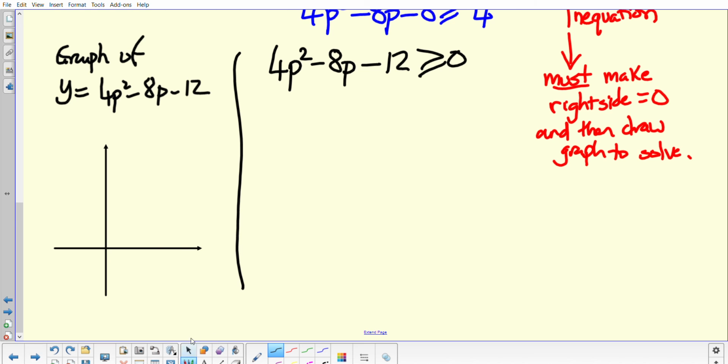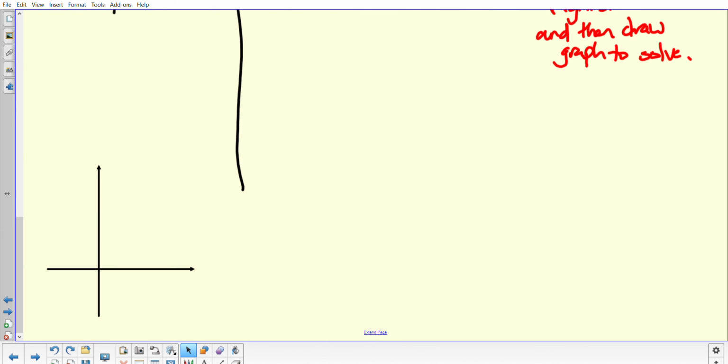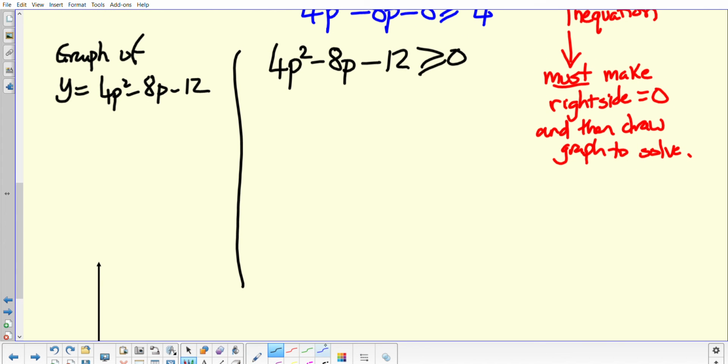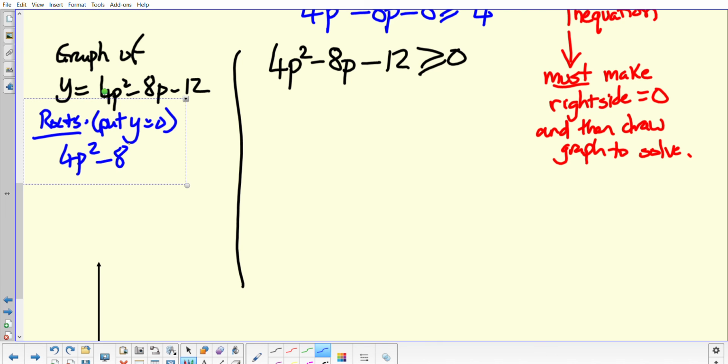Now in order to draw that graph, we're not interested in huge amount of detail, but we are interested in you working out the roots. So in order to get the roots for your graph, you are going to put y equals 0. Roots are the points on the x-axis, remember. So you're then trying to solve 4p squared minus 8p minus 12 equals 0. There's a common factor running through there of 4, so I should divide through that whole equation by 4, and I'm going to get p squared minus 2p minus 3 equals 0.